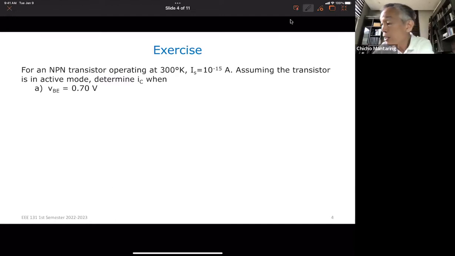Can I ask you to just do this? It should take just the time it takes to enter a simple equation in your calculator. Send me your answer via chat. I'll go through the solution after I get a few answers through the chat box. So please go.